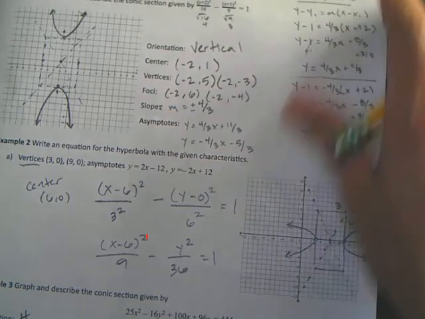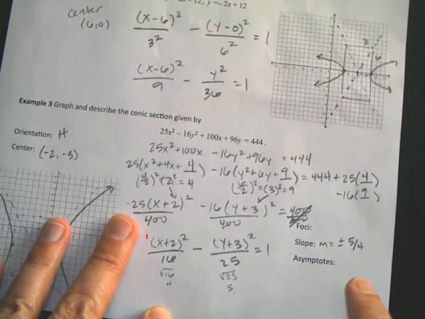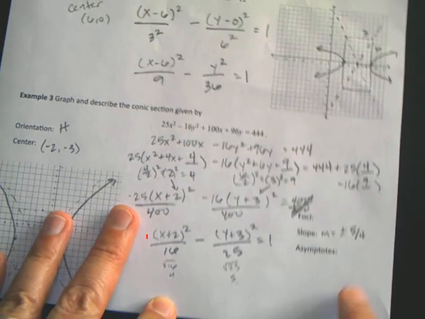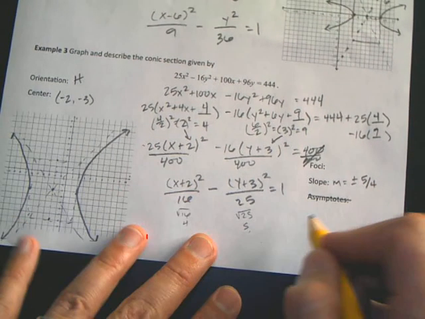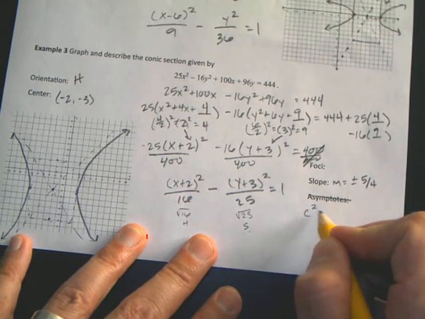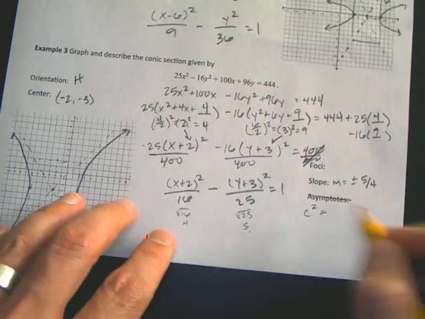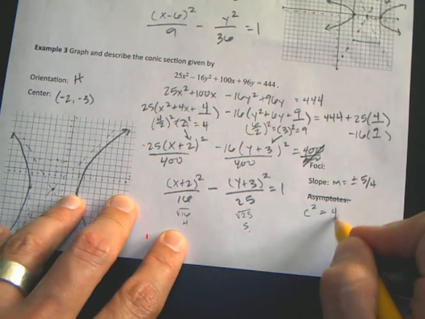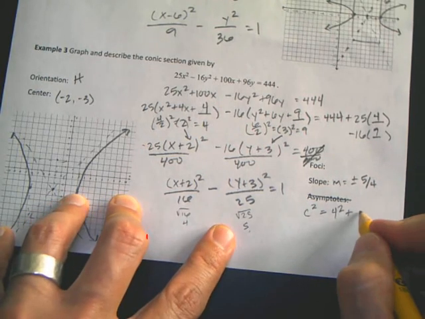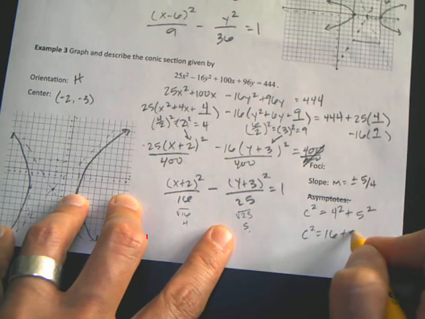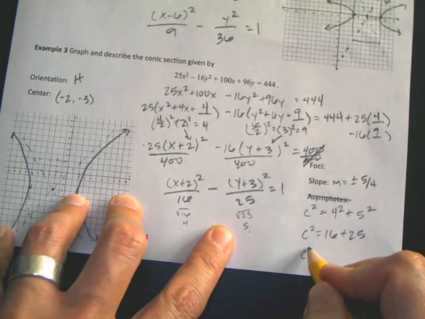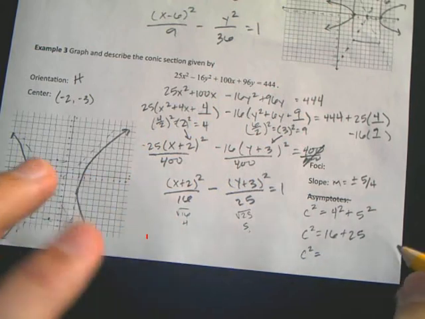But our foci are important, so I'm going to use this space for that. C squared is what I'm looking for, equals a squared, 4 squared, plus b squared, 5 squared. So c squared equals 16 plus 25, and that magic number is 41, which is not a perfect square, so we can just take the square root.